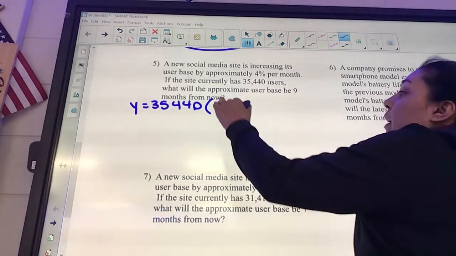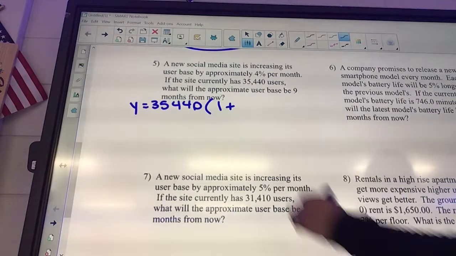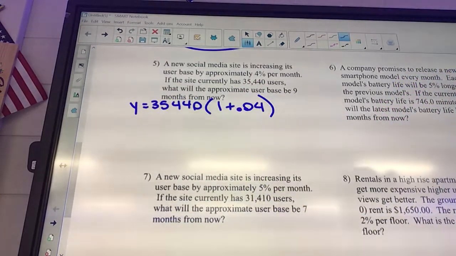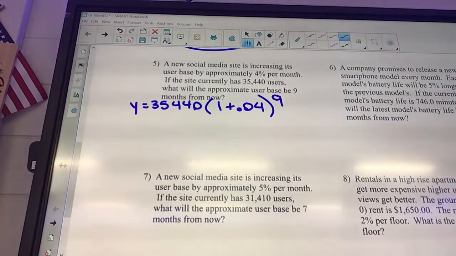Okay, so we're going to say 1 plus, what's our growth rate? 0.04. We have to use a decimal. To the what power? 9. They want to know 9 months from now. Does the 1 always go first right there? Yes, it's always going to be 1 whether we do decay or growth.